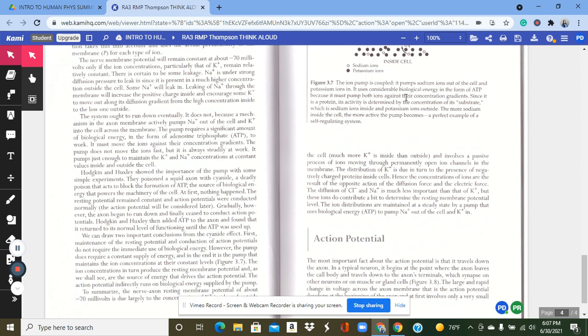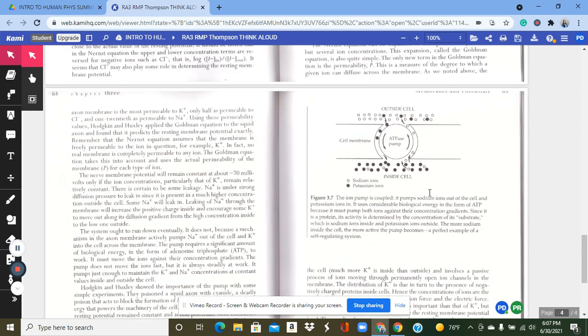The diffusion of chloride and sodium is much less important than that of potassium, but these ions do contribute a bit to determining the resting membrane potential level. The ion distributions are maintained at a steady state by a pump that uses biological energy (ATP) to pump sodium out of the cell and potassium in.